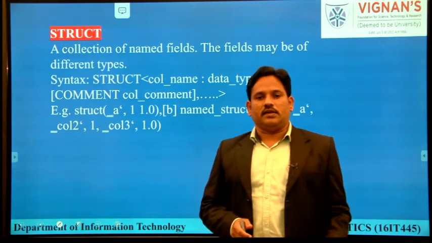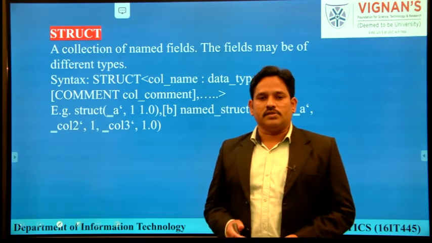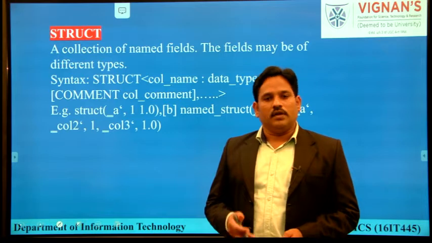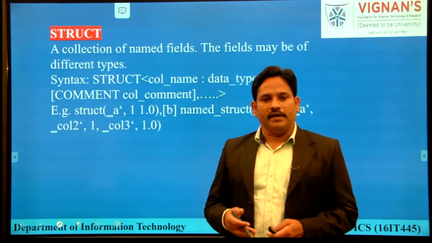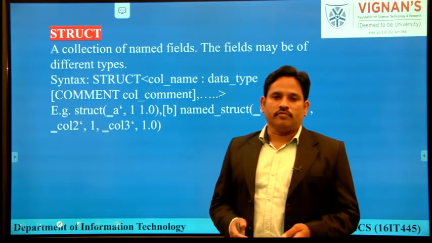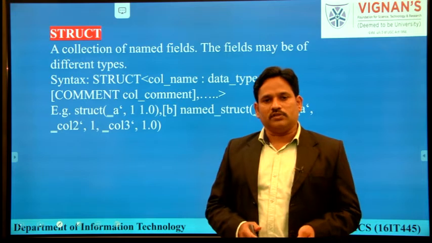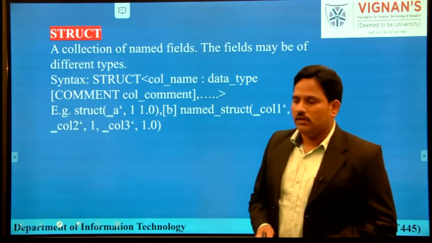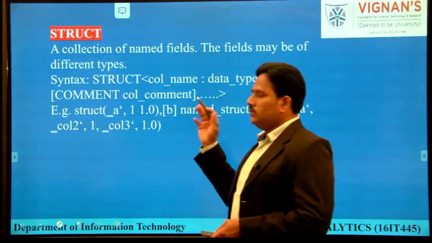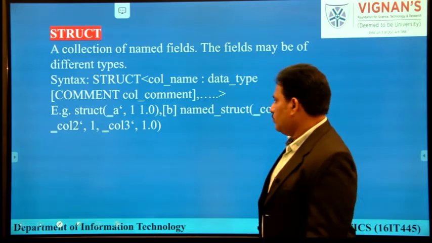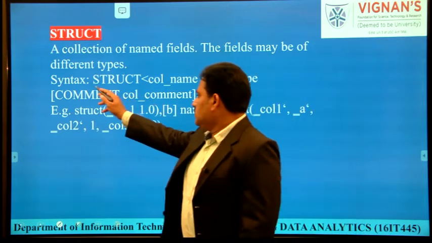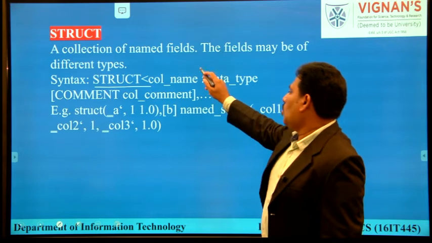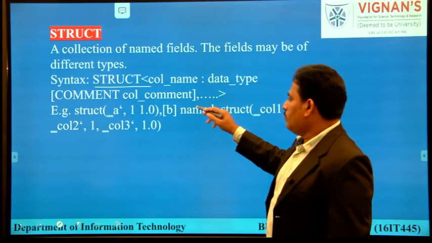Employee name is a character type, age is an integer type, and salary is a float type. So we want to store all 3 values together: one integer, one float and one character. In this aspect we can use the struct data type.